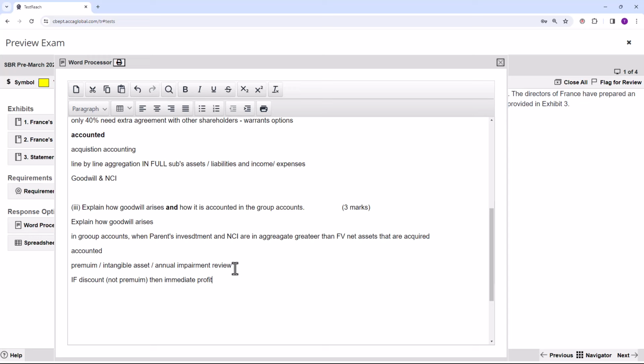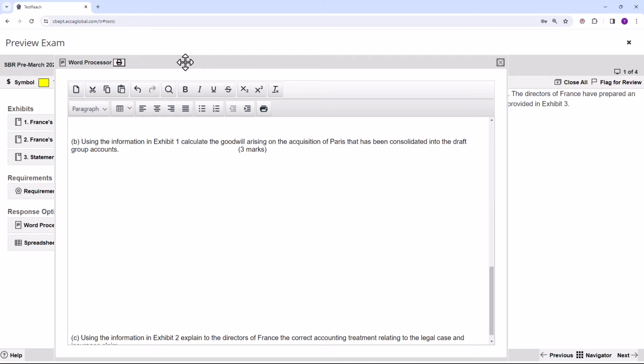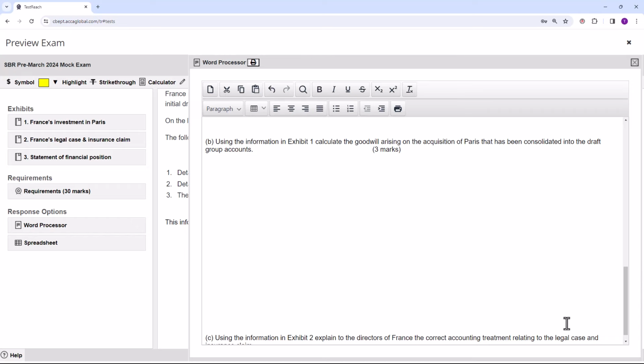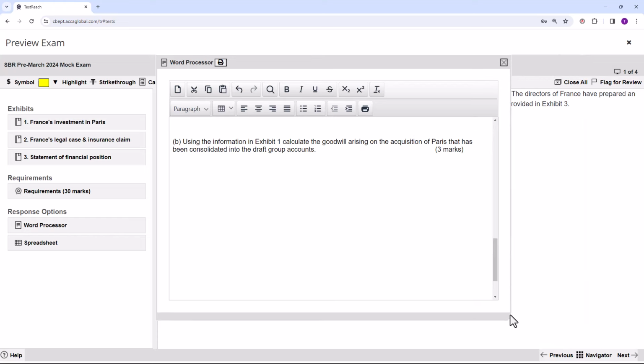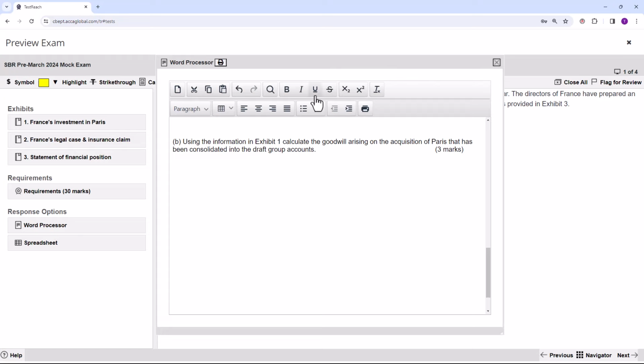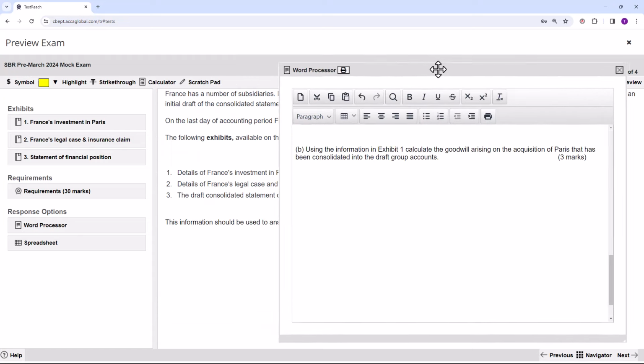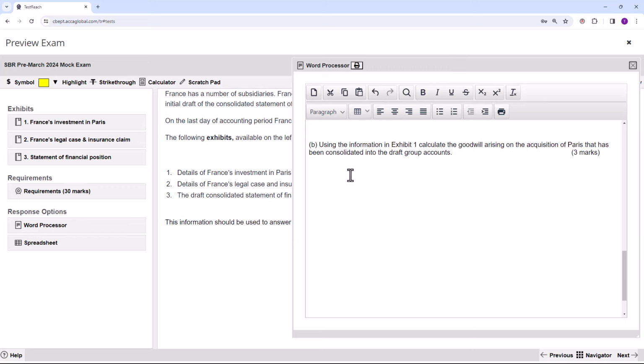And so perhaps I'm going to slow down slightly, and perhaps I am going to provide you with a comprehensive answer, and one that I'm going to justify in what I'm doing. In order to answer part B, I've got to use the information in Exhibit 1, and I've got to calculate the goodwill arising on the acquisition of Paris that has been consolidated into the draft group accounts.